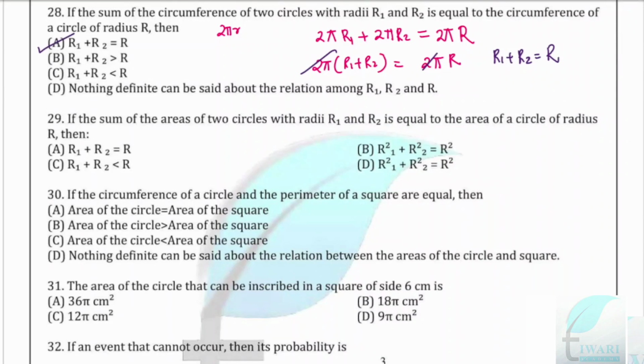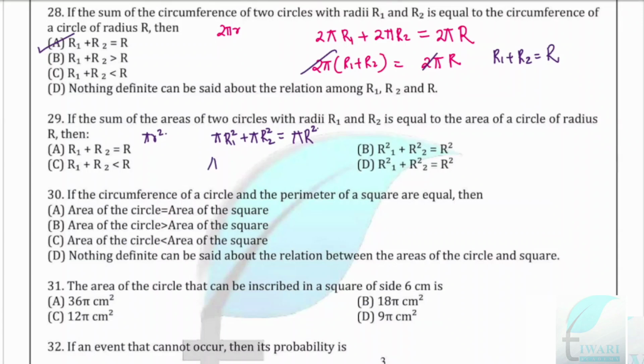Question number 29. The sum of the areas of two circles. The question here is the same, but instead of circumference, here area is given. So the formula for area is pi r square. So pi into r1 square plus pi into r2 square is equals to pi into capital R square.